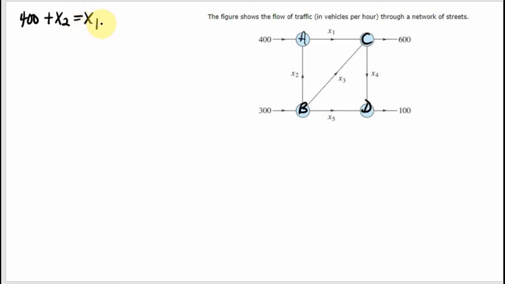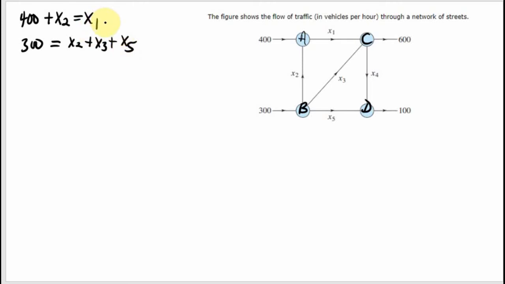X sub 1 is the only thing that's going out of A. Then we go to B. What's going in is 300, and what goes out is x sub 2 plus x sub 3 plus x sub 5.